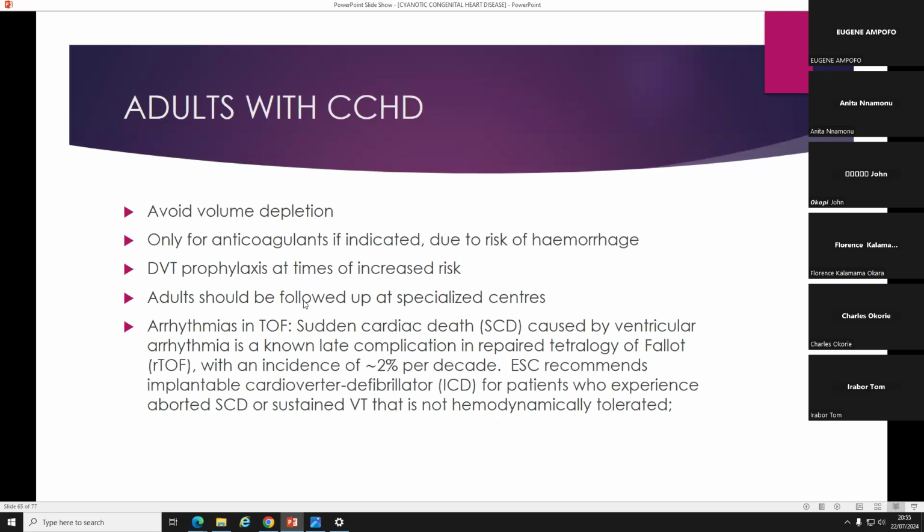They are advised to stay hydrated, avoid volume depletion, only use anticoagulants if indicated, because cyanotic congenital heart diseases can present with both bleeding and hypercoagulability. So unless they've got a mechanical valve or a documented arrhythmia or some thromboembolic phenomena, usually anticoagulants are not advised. And there is a risk of sudden cardiac death, especially in TOF, incidence of 2% per decade.